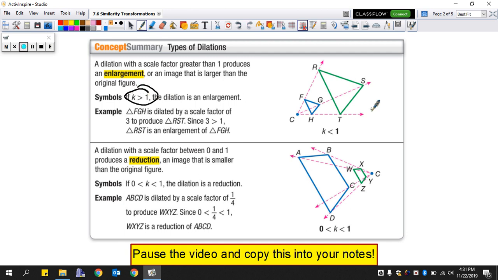And a dilation with a scale factor between 0 and 1 produces a reduction, or an image that's smaller than the original figure. It obviously is not going to be negative, but it's going to be between 0 and 1. So it's going to be a fraction.